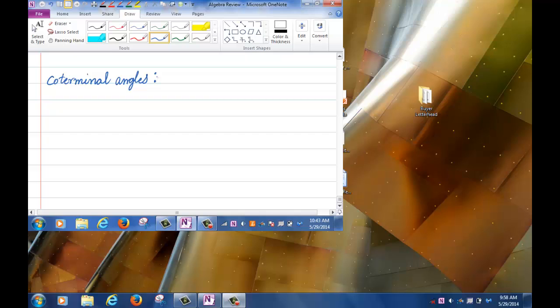So then, two angles are called coterminal if they have the same terminal side. Two angles having the same terminal sides.